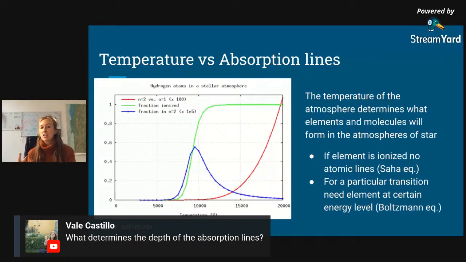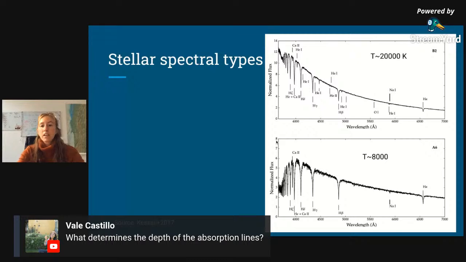So it's a combination of the temperature and how much of the element is in that particular energy level, and also the abundance of that element. For hydrogen, there's just so much hydrogen that the depth of the line is mostly just determined by the temperature and this balance between ionization and excitation.